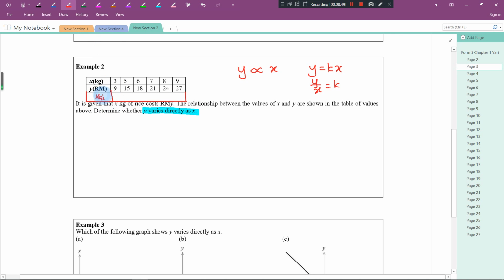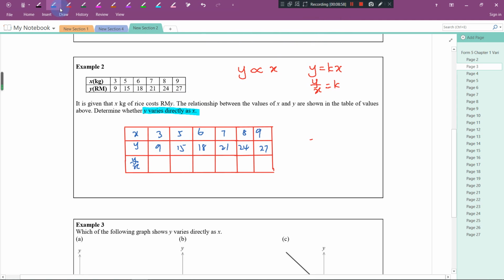Okay, can you see it? How about I write over here? You can see it clearer. Okay, so I have copied the table of x and y, and now we want to find the value of y over x. 9 over 3, you get 3. 15 over 5, you get 3. 18 over 6, you get 3. Same thing here.